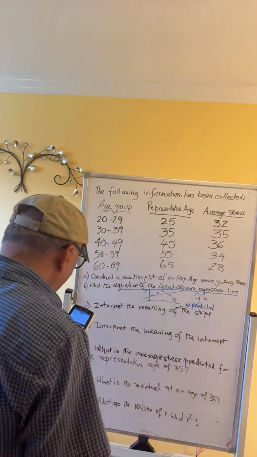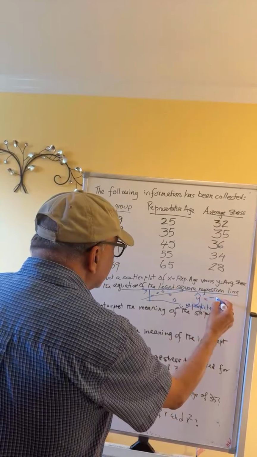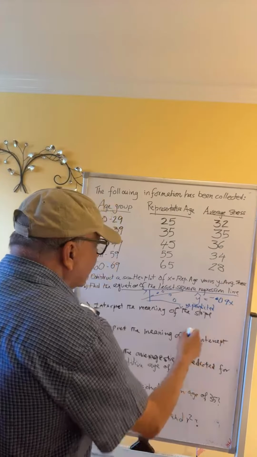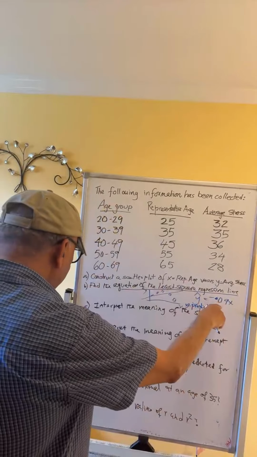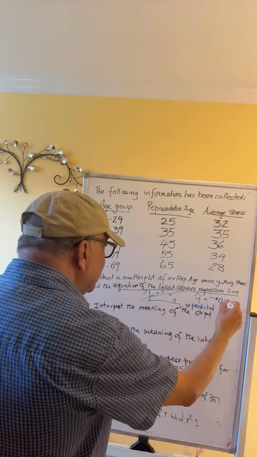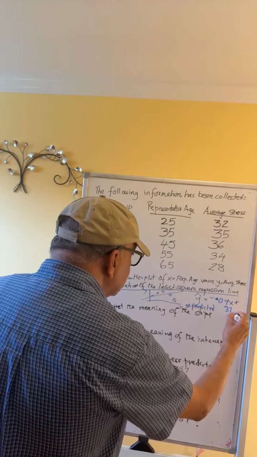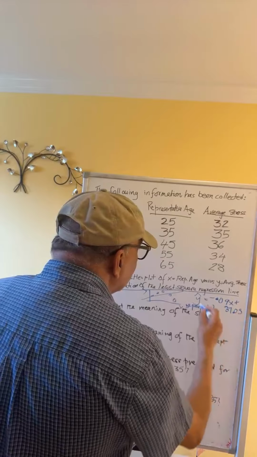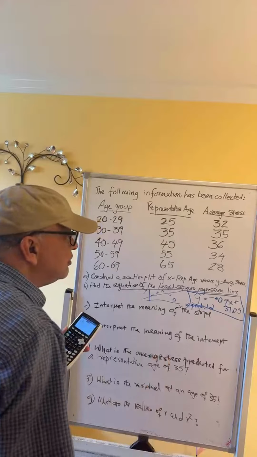So y hat equals minus 0.09 x. I took the value of a from the calculator, which is minus 0.09 x plus b. Plus b is 37.05.